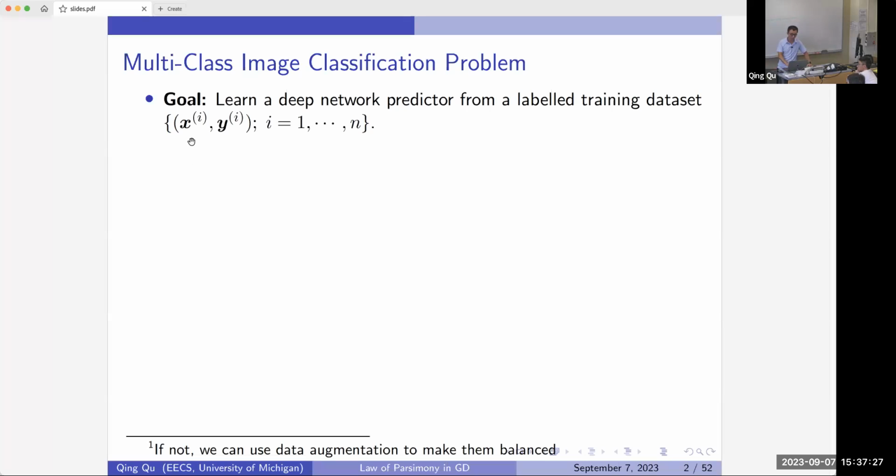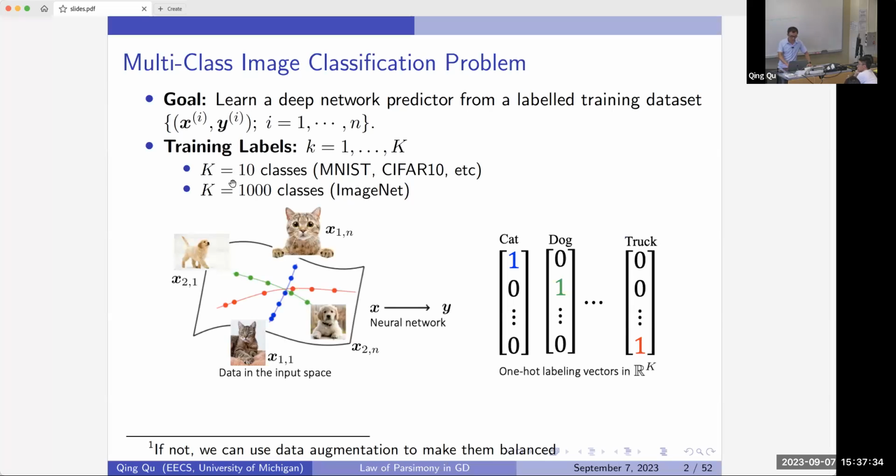We have a bunch of labeled training data, where X could be our images and Y are our labels. We consider Y to be a one-hot label. For example, the MNIST dataset has 10 classes.